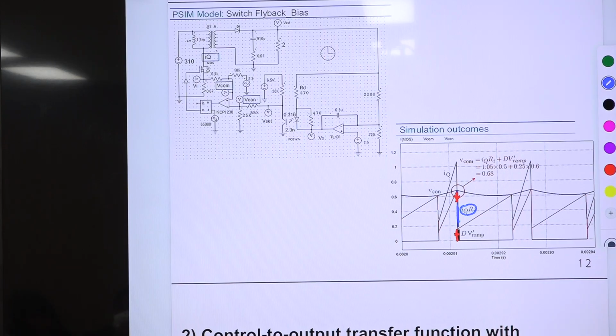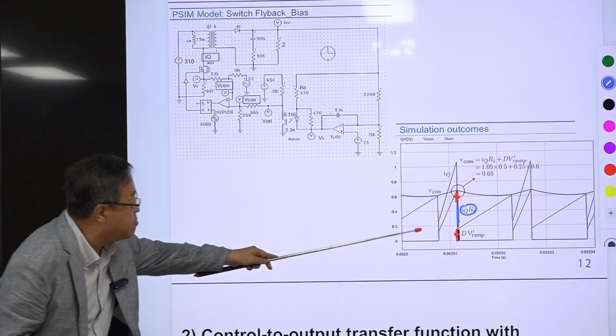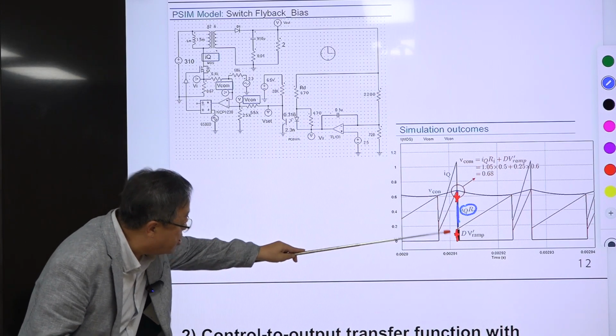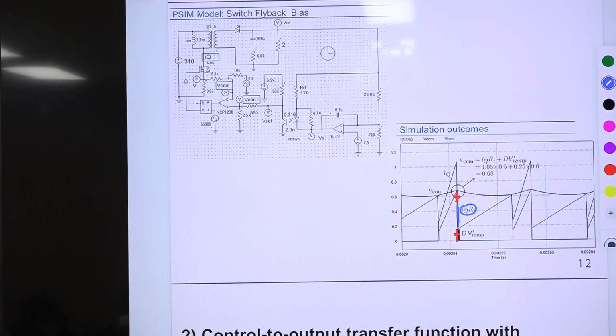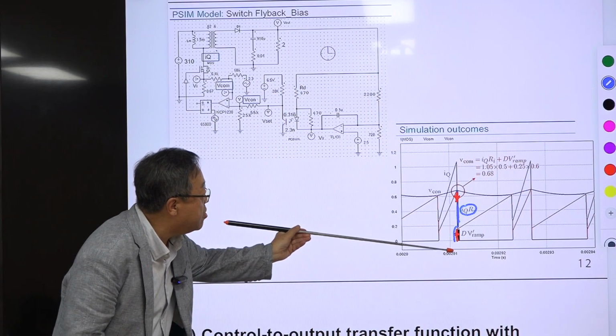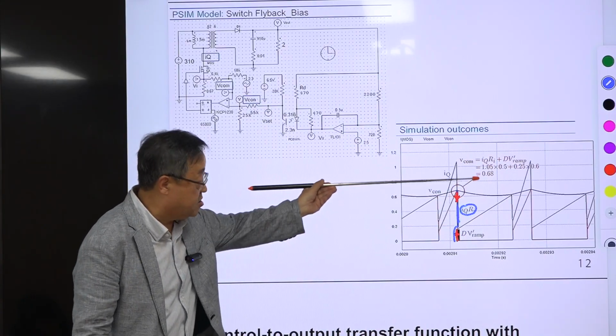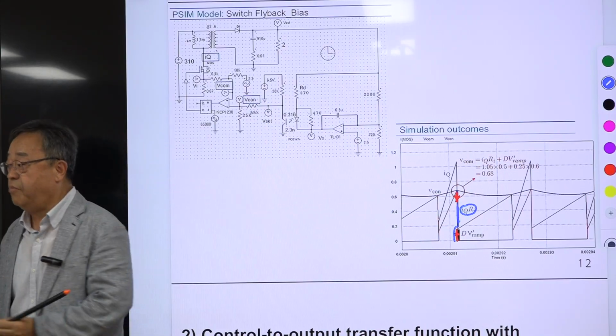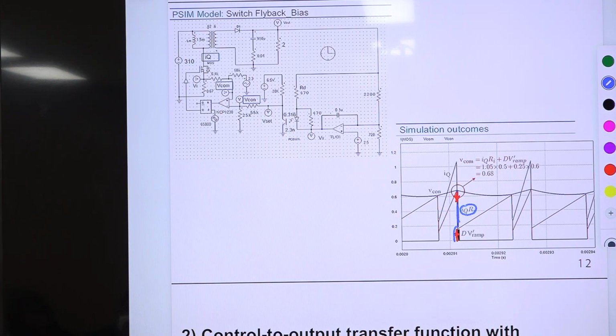So this plus this, it should go down onto the bottom. This plus the red one becomes this one, this equation, right? So everything is okay. So we know the design of the current loop is done, and it is done properly.